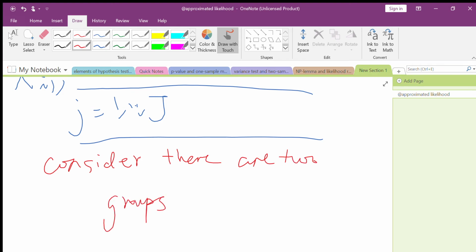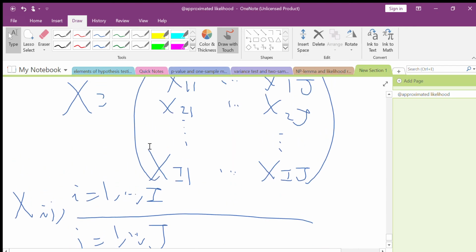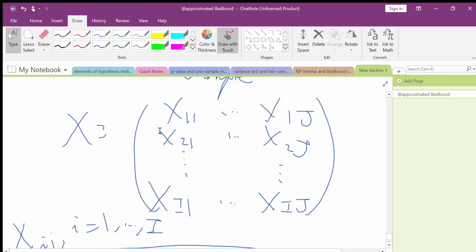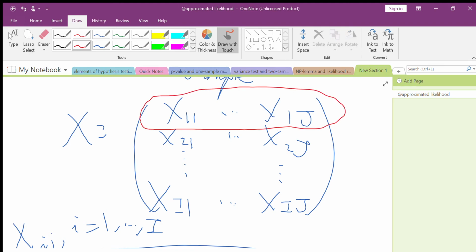How to consider there are two groups? So let's say for this first row, you can see for the i part it is all 1, and the only difference is in the second subscript, the j part. So we can consider this as a group.